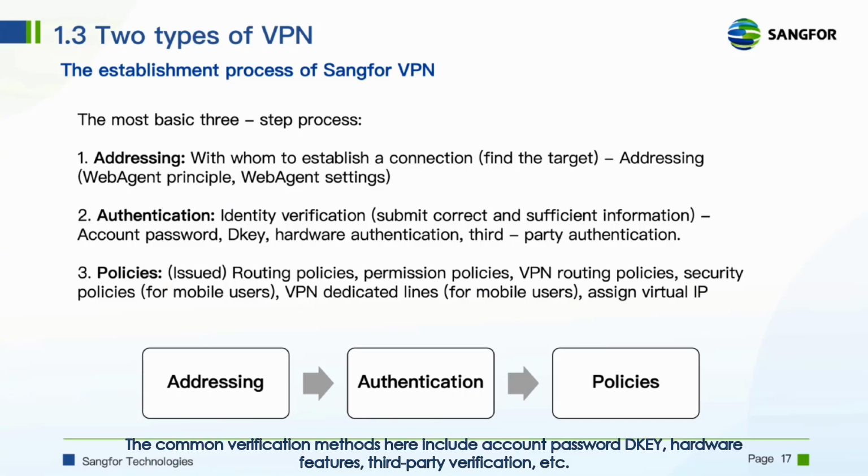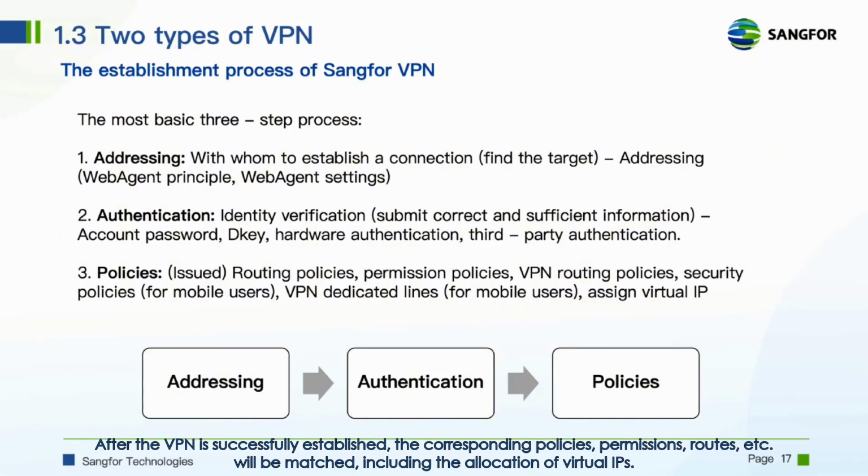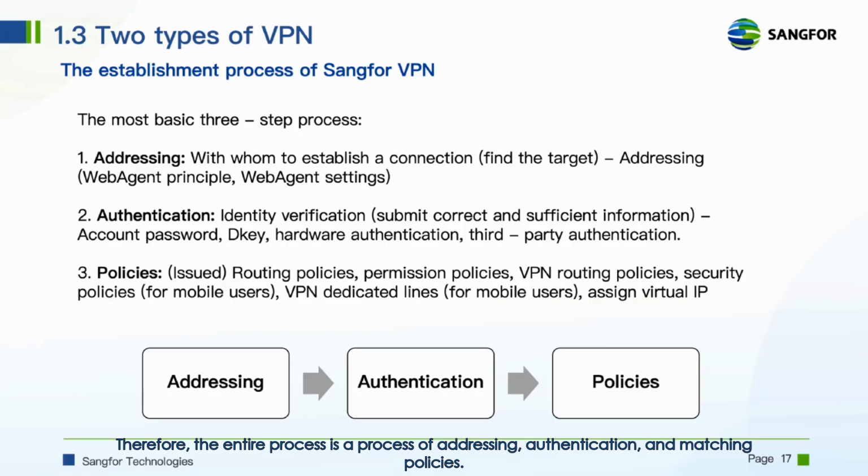The common verification methods here include account password key, hardware features, third-party verification, etc. After the VPN is successfully established, the corresponding policies, permissions, routes, etc. will be matched, including the allocation of virtual IPs. Therefore, the entire process is a process of addressing, authentication, and matching policies.